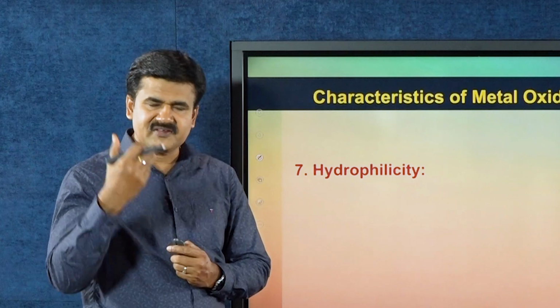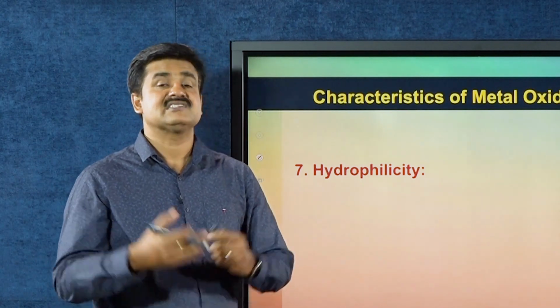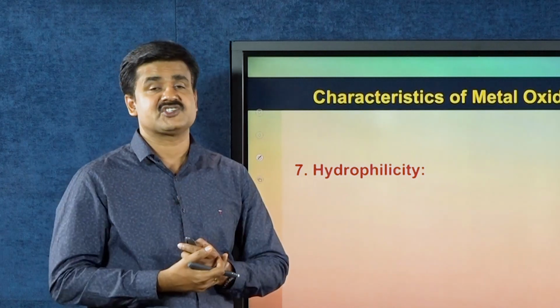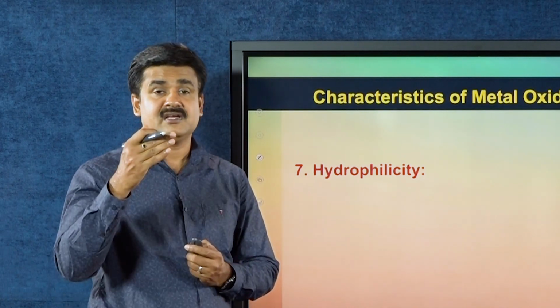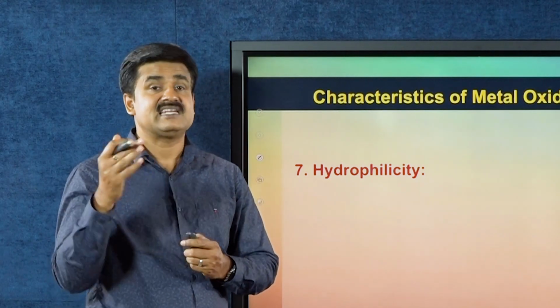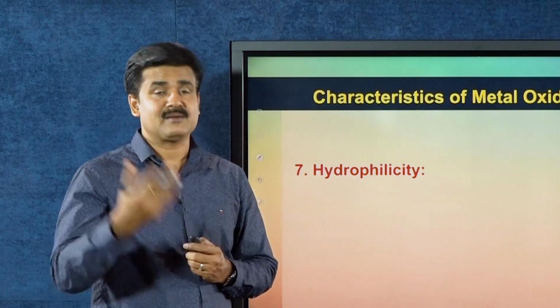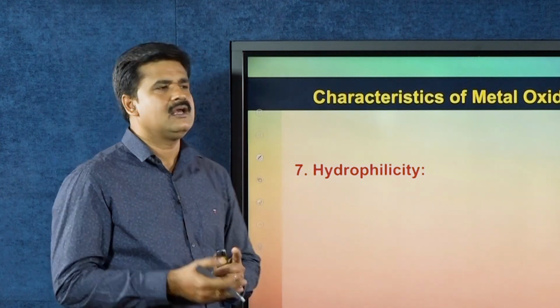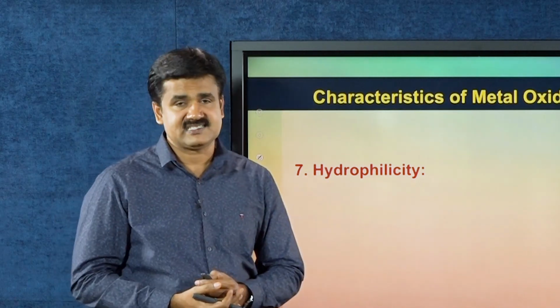Hydrophilic means these metal oxide nanoparticles have some strong attraction with the water molecule. You can make the metal oxide nanoparticle hydrophobic also by changing its surface, that is called surface modification. We can enter into more details in coming modules. So, in general, metal oxide nanoparticles exhibit the property of hydrophilicity.